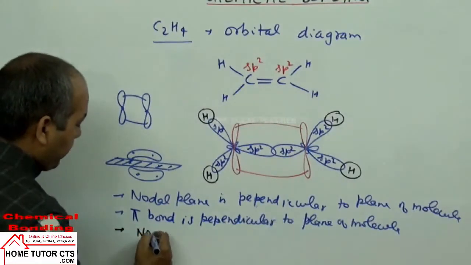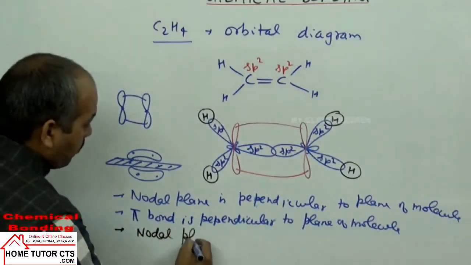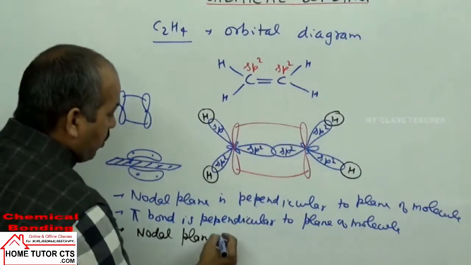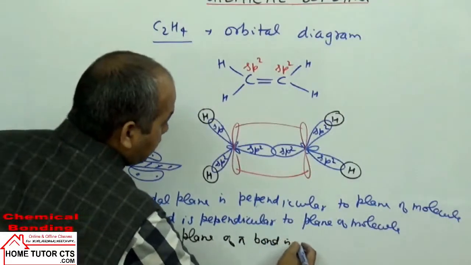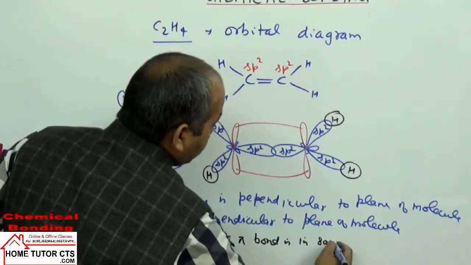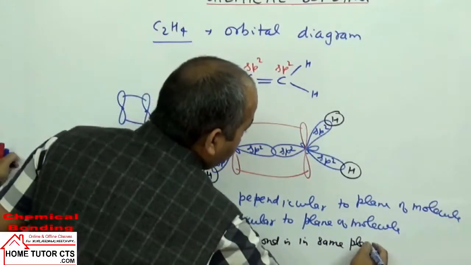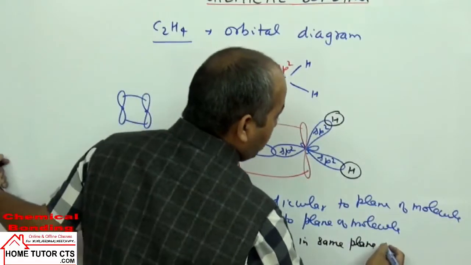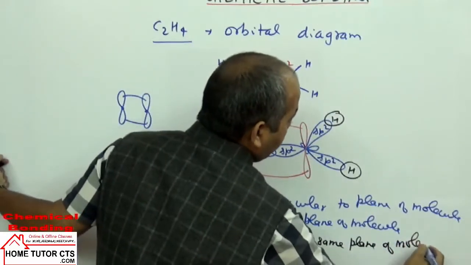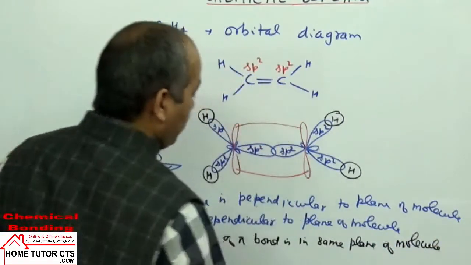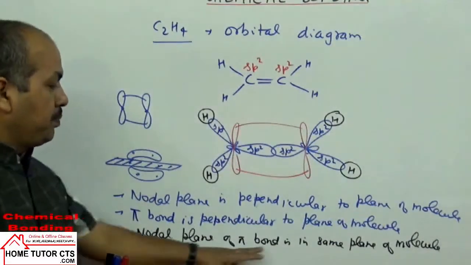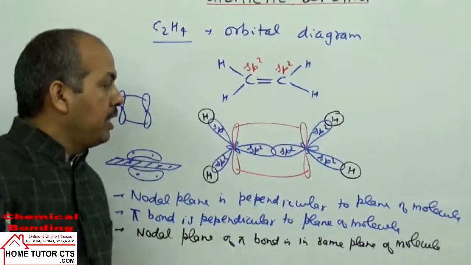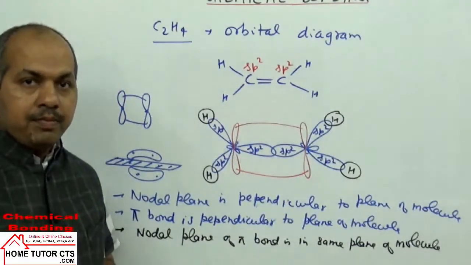The nodal plane of the pi bond is in the same plane as that of the molecule.